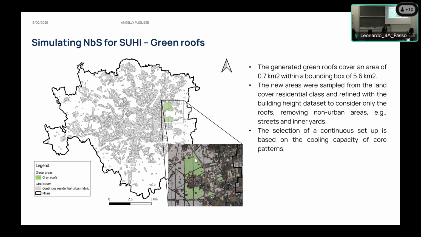I found a layer of the neighborhoods of Milan, and because I started sampling, I said, okay, if I want to put some green roofs, which would be the smartest way to place them? I started just randomly taking some polygons from the DUSAF residential areas, but considering the MSPA, we see that, of course, core patterns give us a higher cooling effect.